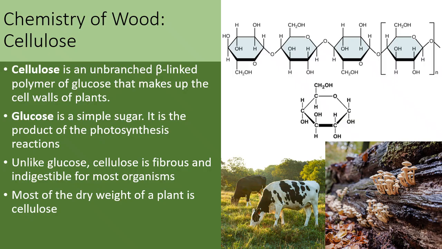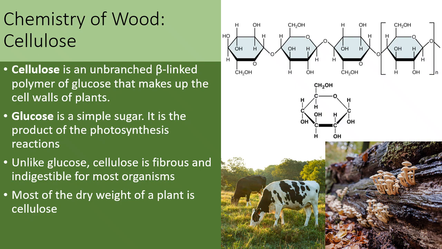Those are called beta linkages, and they're much harder to break than alpha linkages. When you string together simple sugars into starches, they're linked differently than they are in cellulose, and so they're relatively easy to break down. Starches don't form straight fibers the way that cellulose does. The alpha linkages of starches cause them to curl up like a curlicue and form granules rather than fibers.